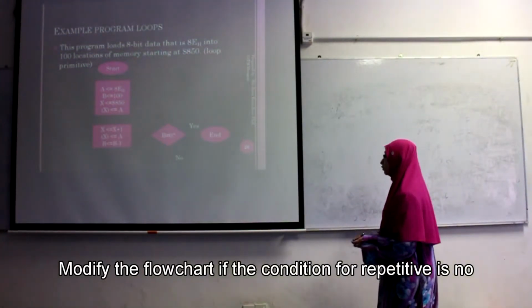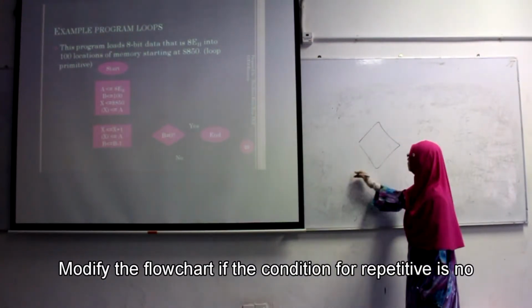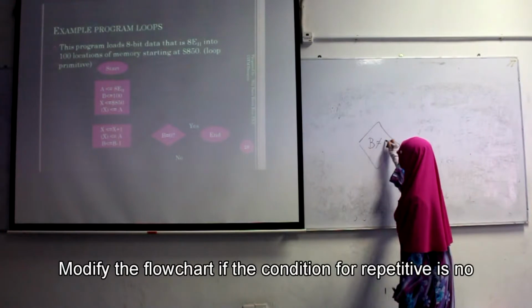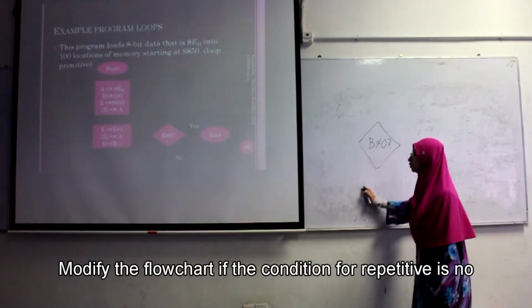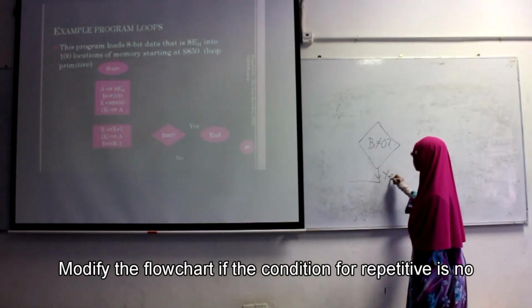So you have to redraw your flowchart, with B not equal to 0, and then go to yes.